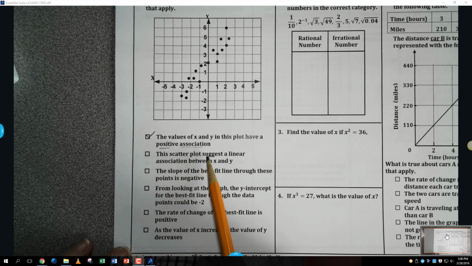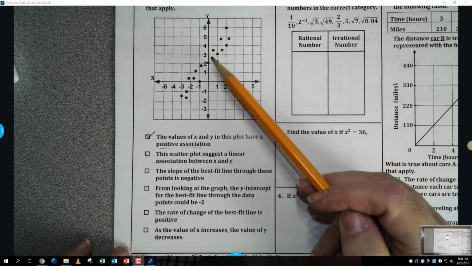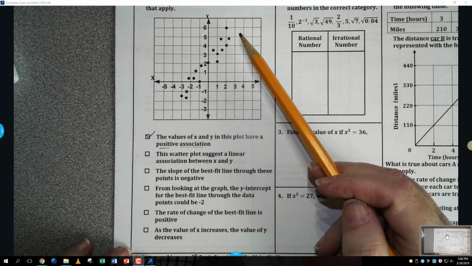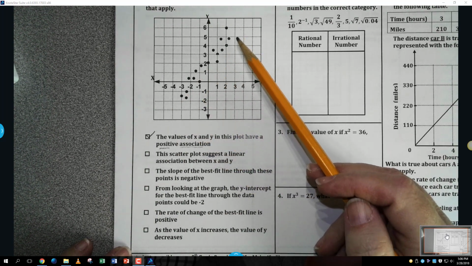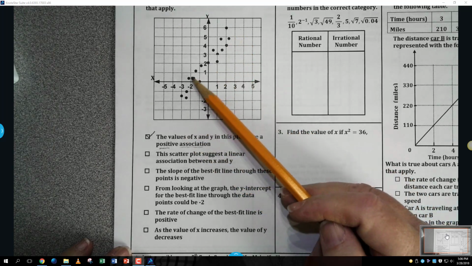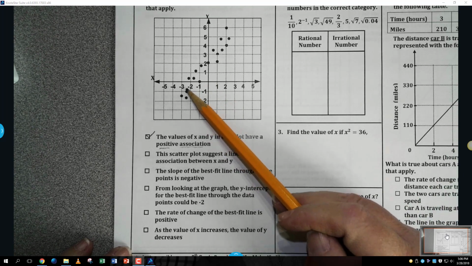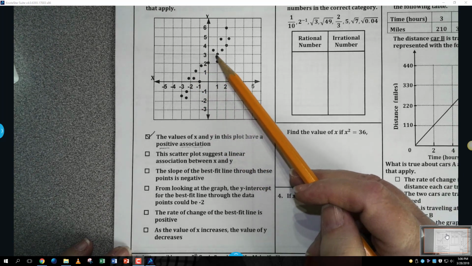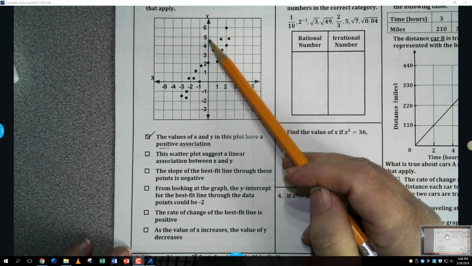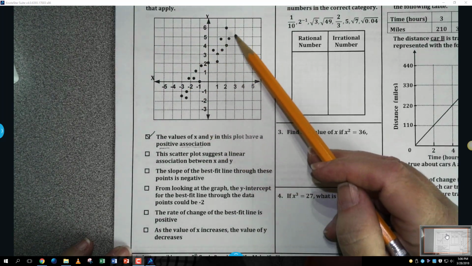This scatter plot suggests a linear association between the x and the y. So in other words, if we took the average of the data, which is what the calculator did when we did linear regression, if it looks like the pattern is kind of making a straight line, now obviously we're not talking about the individual points. We're talking about the overall data, what the pattern of the data is doing.